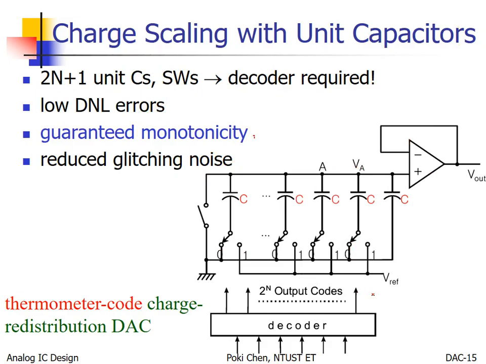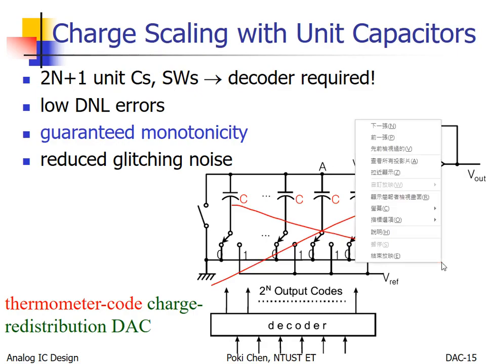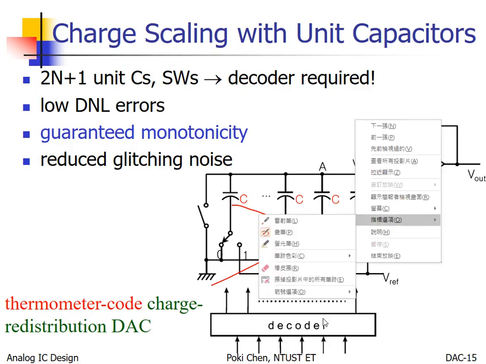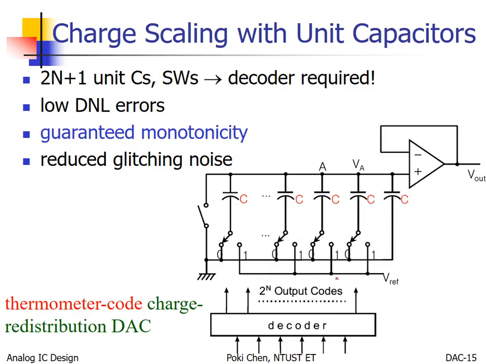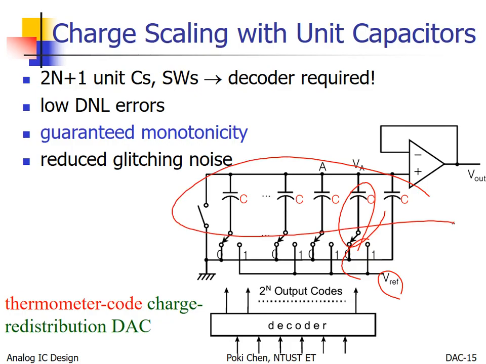From the beginning you have 0, so nobody will be switched. You have 0 at the output in theory. What is the next? Next is 1, right? It means only one capacitor will be switched to V reference. All the others are still connected to ground. So from 0 to 1, 1 to 2, 2 to 3, all the way.